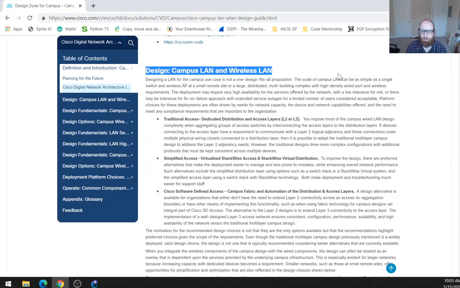If devices connecting to the access layer have a requirement to communicate with a layer 2 logical adjacency, and those connections cover multiple physical wiring closets connected to a distribution layer, then it is possible to adapt the traditional multi-layer campus design to address the layer 2 adjacency needs. However, the traditional designs drive more complex configurations with additional protocols that must be kept consistent across multiple devices. Simplified access, virtualized StackWise access, and StackWise Virtual distribution.